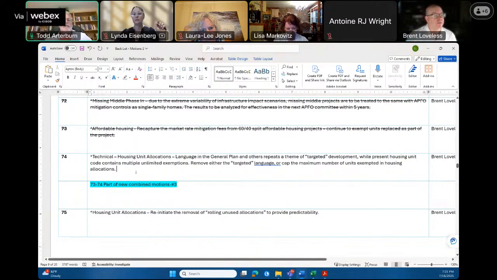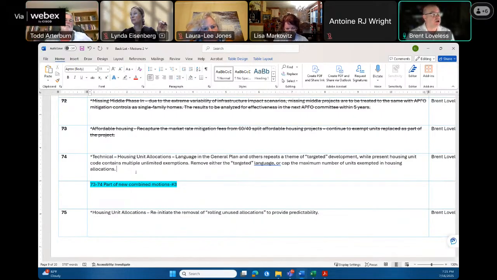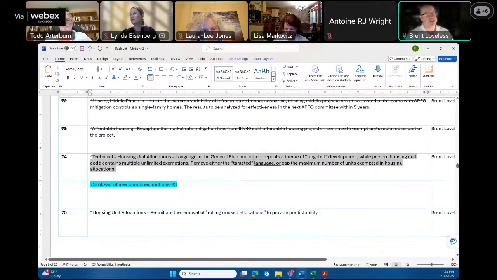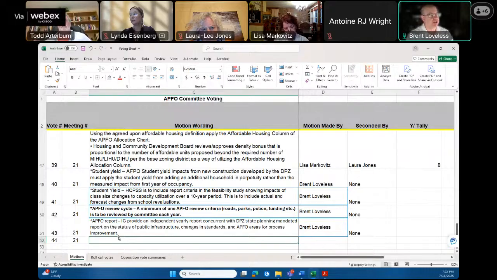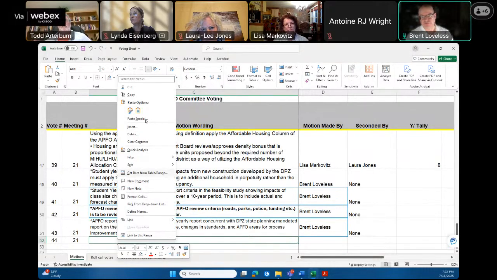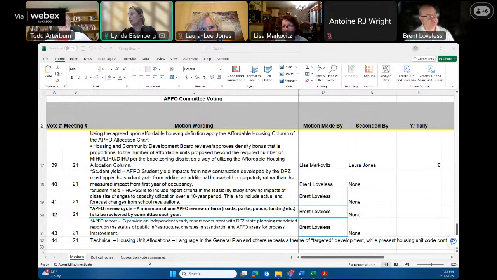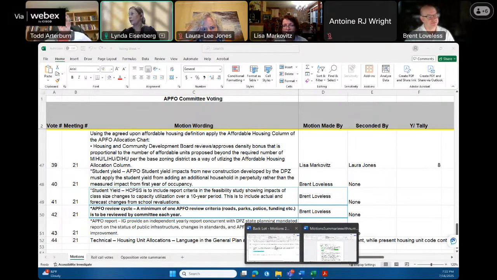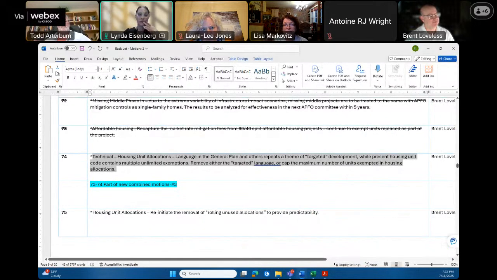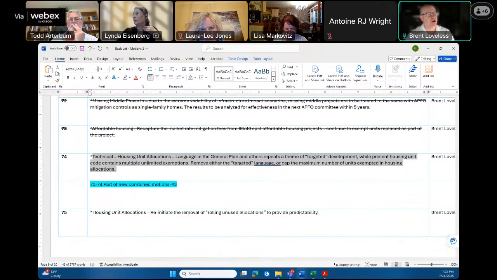So 73 is struck. 74. A motion: housing unit allocation language in the general plan often repeats the theme of targeted development, while the present housing unit code contains multiple unlimited exemptions.